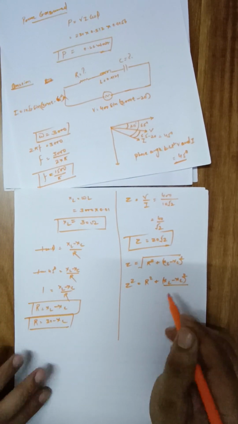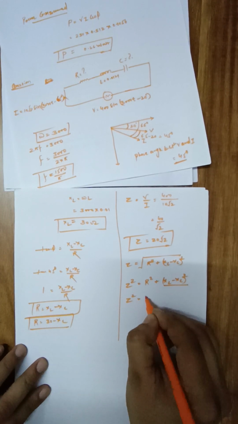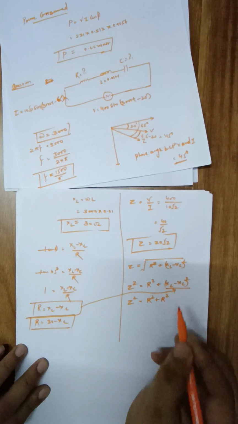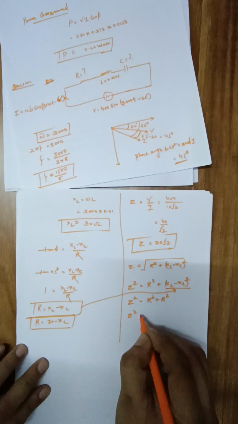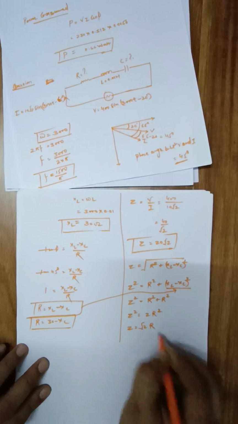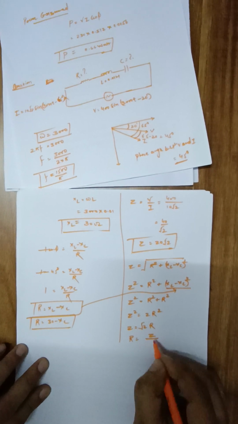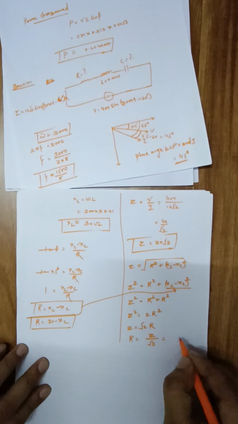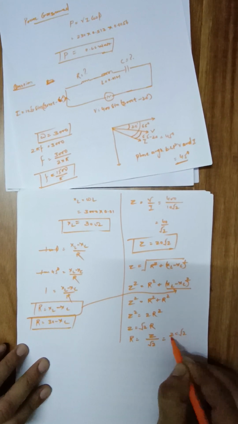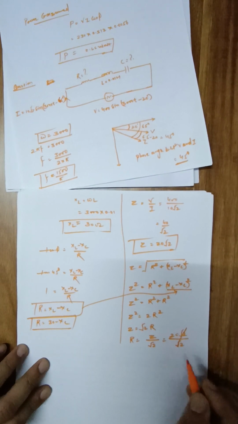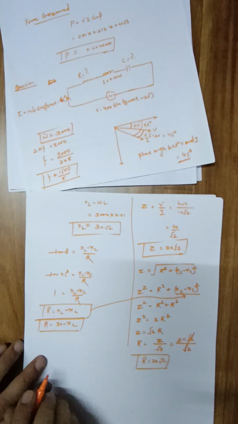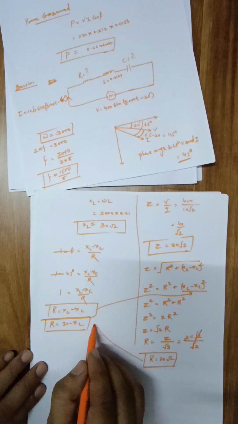So in place of XL minus XC, I can write R. So R square plus R square, so Z square will be equal to 2R square. So Z will be root 2 into R, and R will be equal to Z upon root 2. We have previously calculated Z equal to 20 root 2, so 20 root 2 upon root 2. So R will be equal to 20 ohm. This is clear.